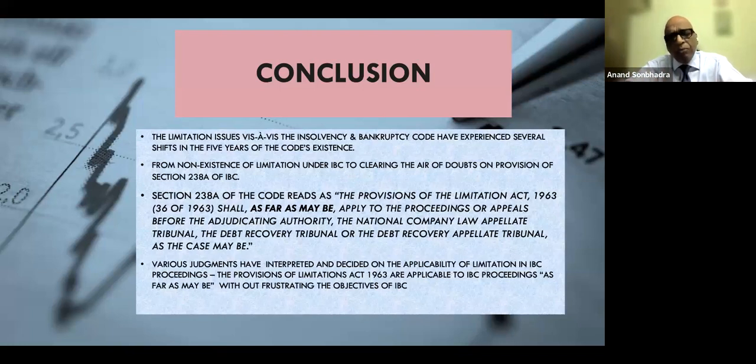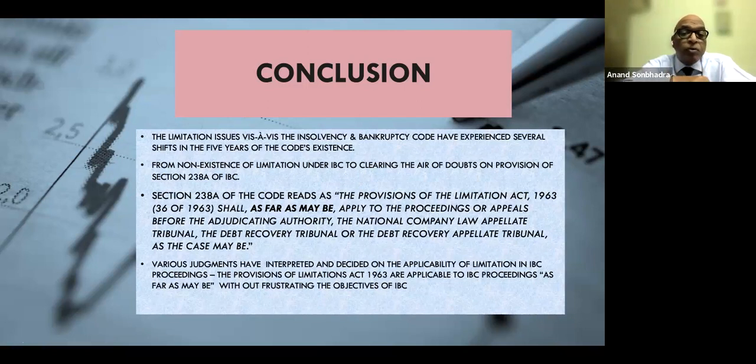Of course, now towards the later part, the shifts have been largely towards concretization of some of the issues, with the Honorable Apex Court's judgments, and with the period of time, you have more judicial pronouncements which kind of settle the law. From non-existence of limitation under IBC to clearing the air of doubt on provision of Section 238 of IBC.